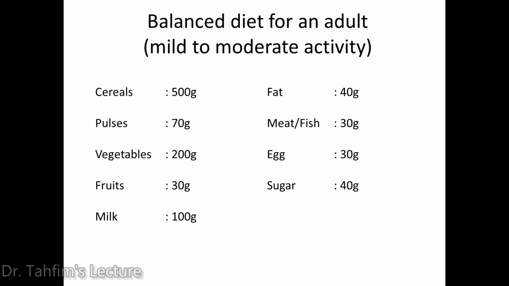You have to mention the 7 proximate principles here, and you have to have an idea about total energy requirements, so that it fulfills the total energy requirements. Okay, the food should be available, and keep the other criteria of a balanced diet in mind and prepare a balanced diet.